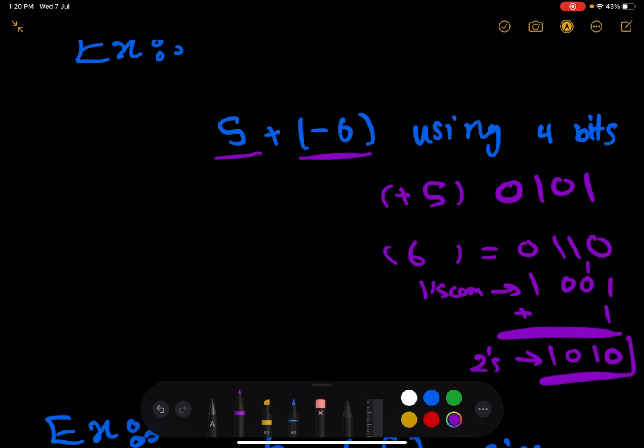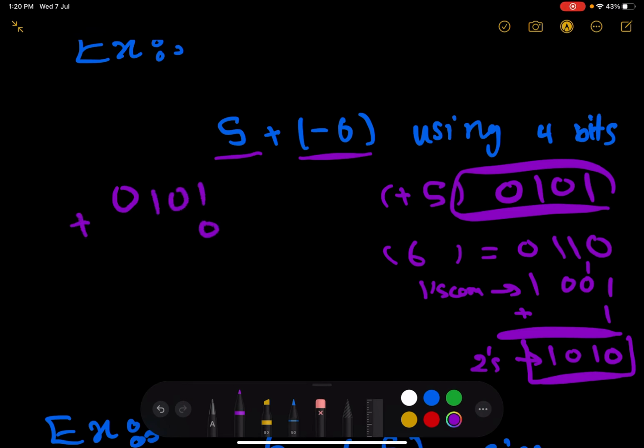And you take the 2's complement and your number and add them together. 1010 plus 0101. So now we will get 1111. And actually this answer is correct, because 5 plus negative 6 is negative 1.